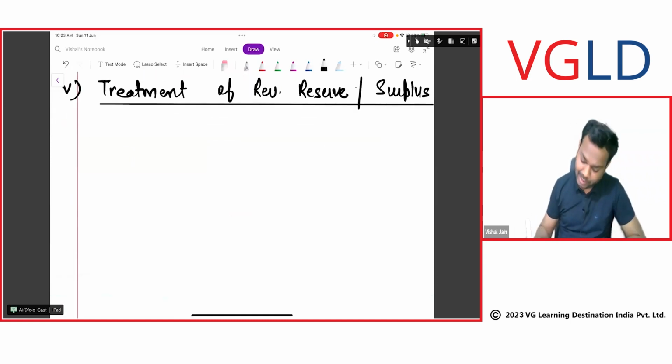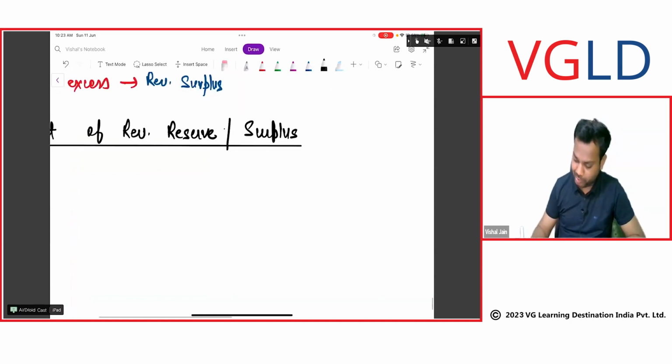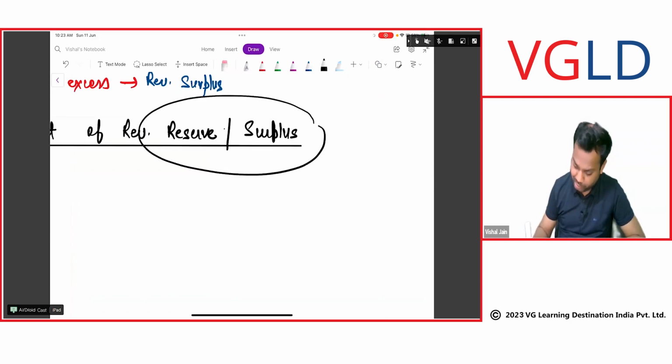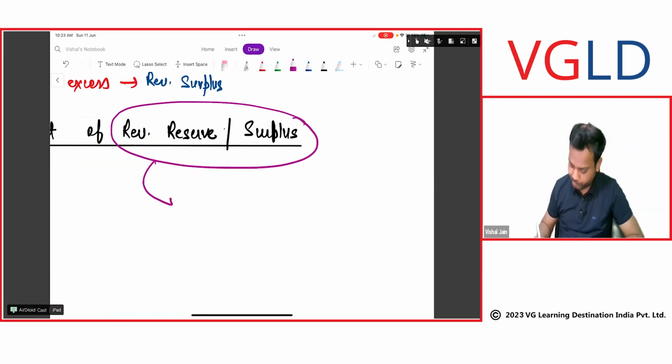The standard says that you have to transfer this revaluation reserve or revaluation surplus to retained earnings.